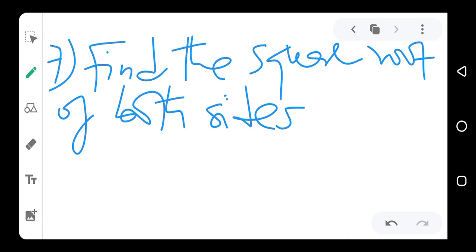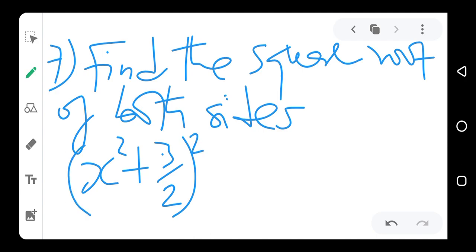Now, assuming we have x plus 3 over 2, everything squared, is equal to, let me say that the value of c is 4, and now we take it to the right hand side.